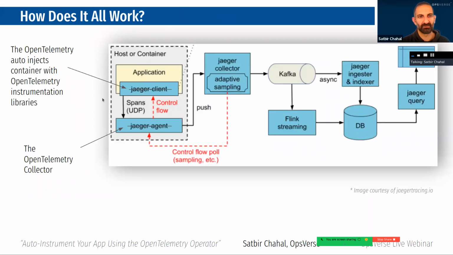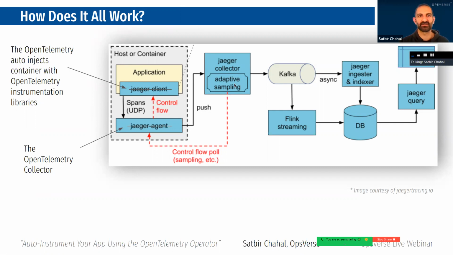I'm going to quickly run by this. Don't worry about it too much, but it's your app where the OpenTelemetry operator will inject the container with the libraries to emit traces to the OpenTelemetry Collector, which then goes to your backend, which we have as Jaeger.